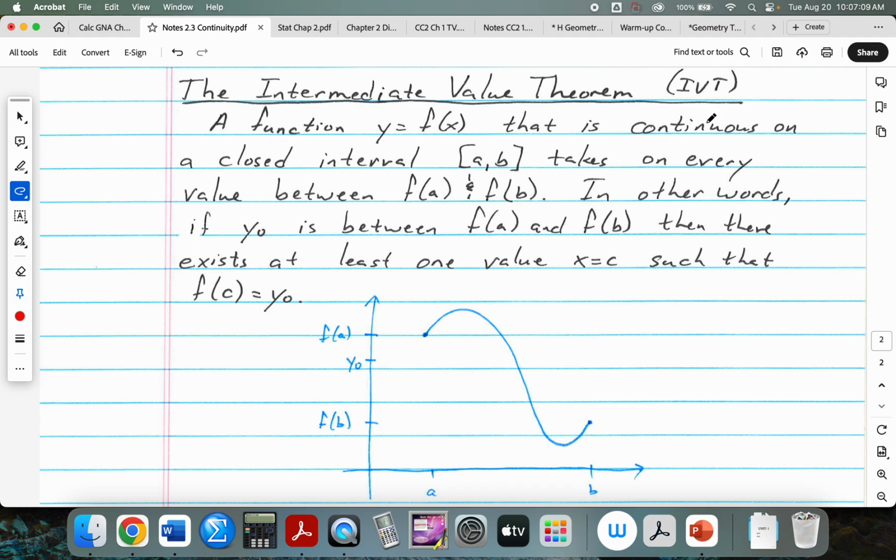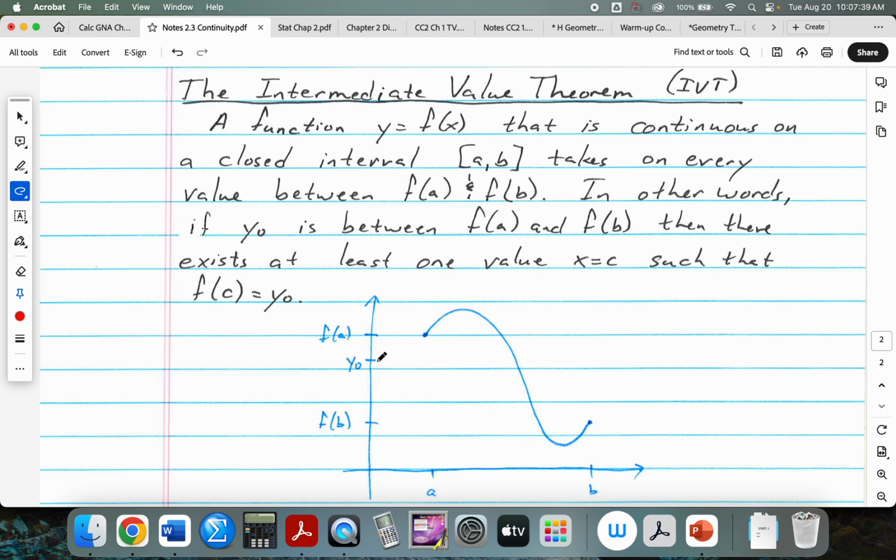So, a function y equals f of x that is continuous on the closed interval from a to b takes on every value between f of a and f of b. In other words, if y sub 0 is between f of a and f of b, then there exists at least one value, x equals c, such that f of c is equal to y sub 0.